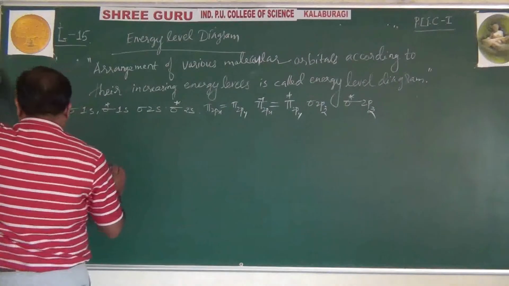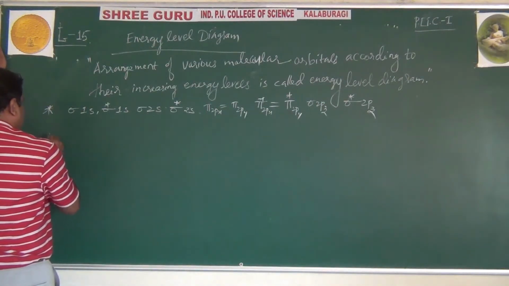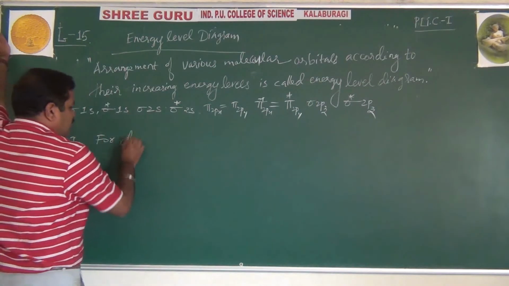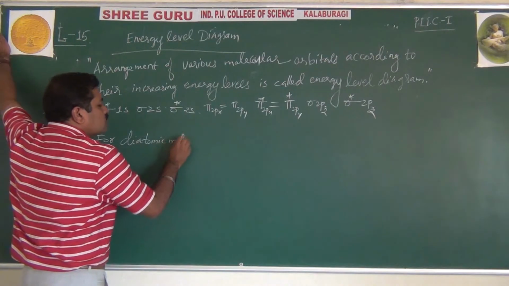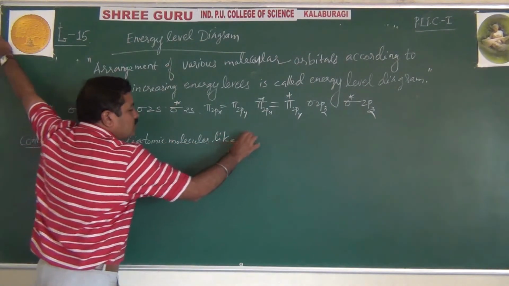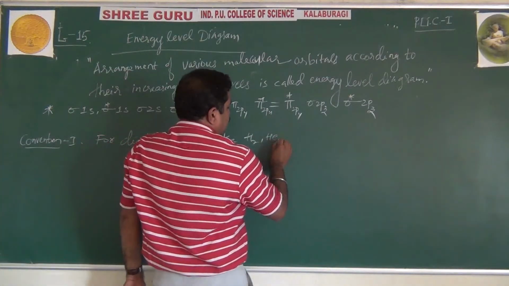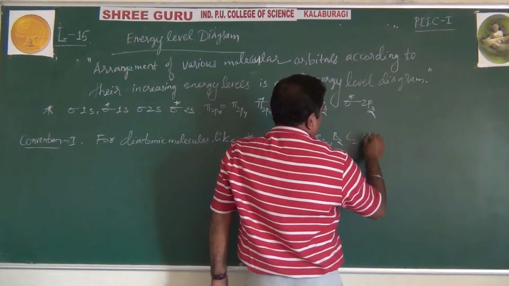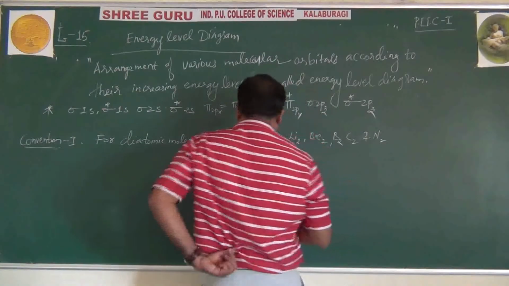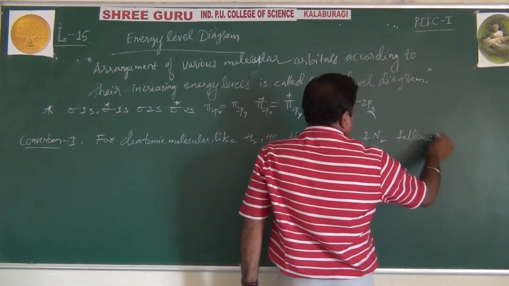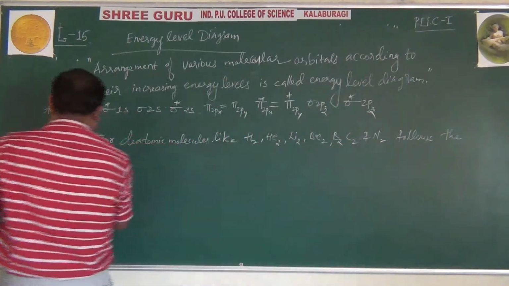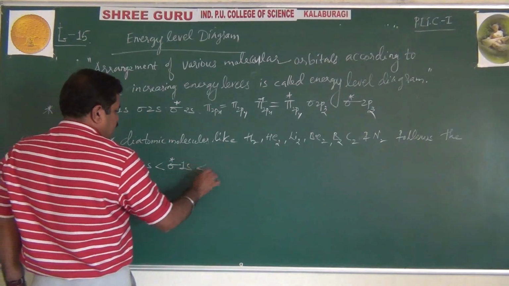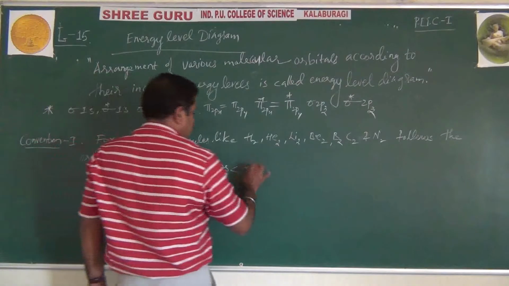First, convention 1. What is that convention? Homonuclear diatomic molecules like H2, He2, Li2, Be2, B2, C2 and N2 follow the order: sigma 1s less than sigma star 1s, sigma 2s less than sigma star 2s.